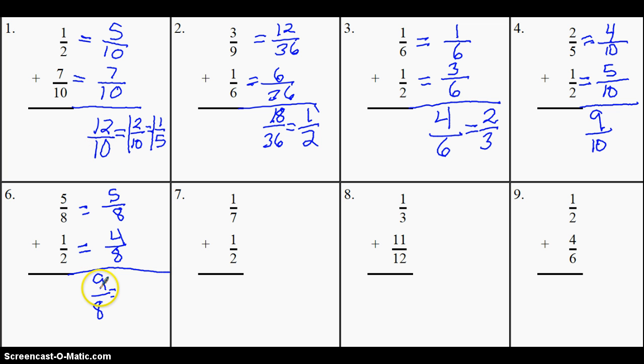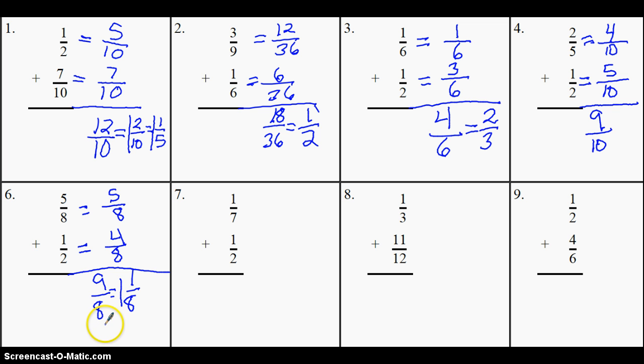I know that 8's not going to go into 9 any more times than just 1, so I'm going to try this method. I know that 8 will go into 9 one time, and then 9 take away 8 gives me 1, and then I just bring my denominator over, 1 and 1/8.